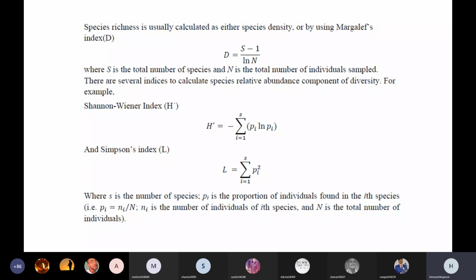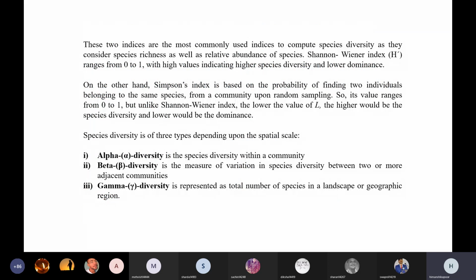Now if we want to understand the abundance, then we have two other indexes: the Shannon-Wiener index and the Simpson index. These are mostly utilized to tell about the abundance of species in an area.